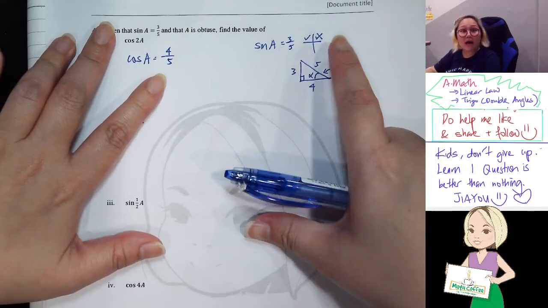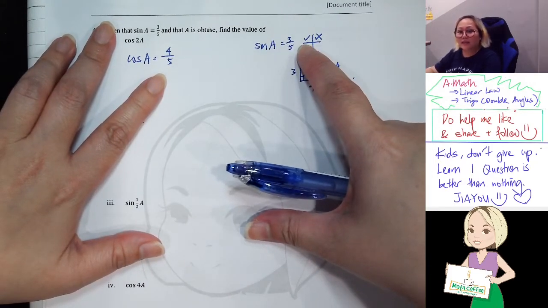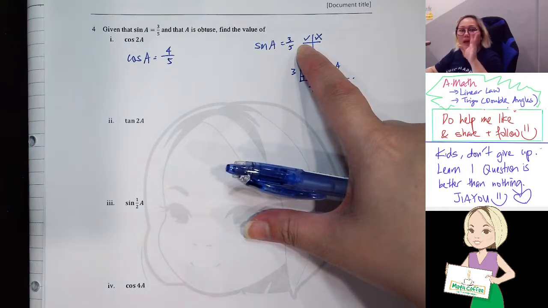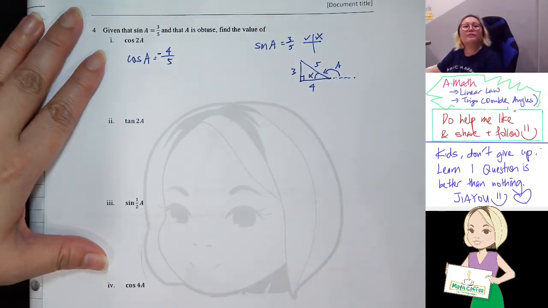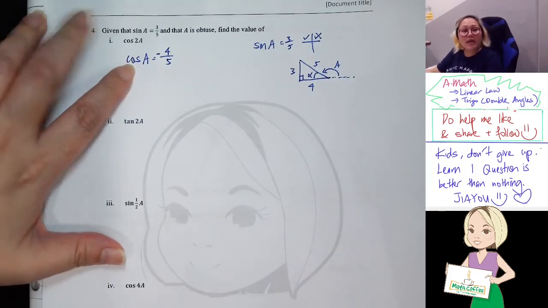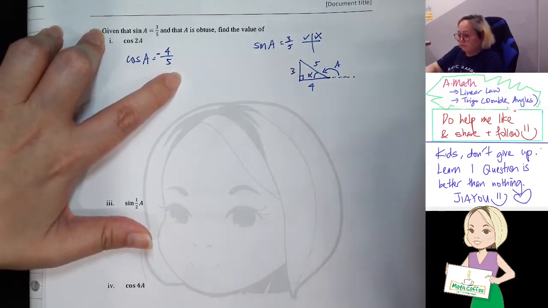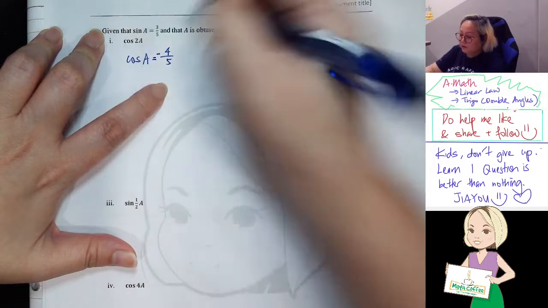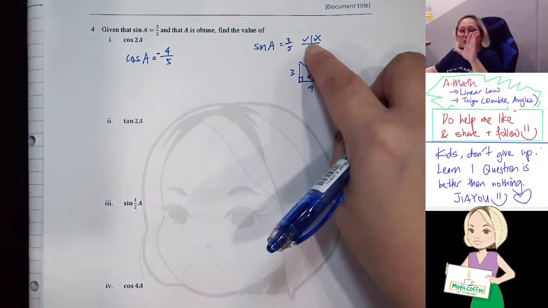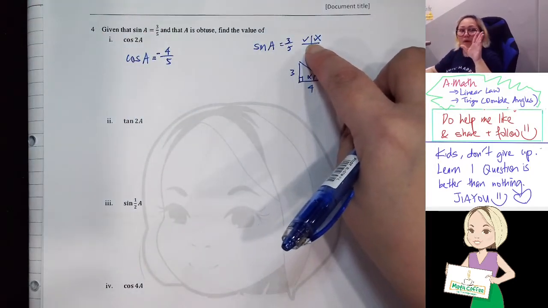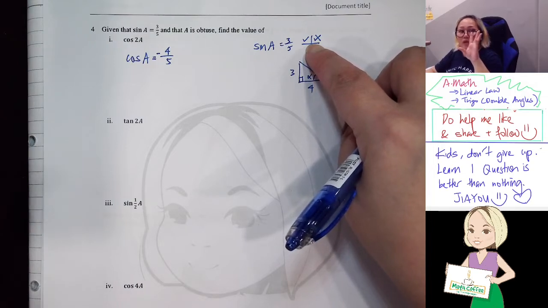This time, I'm in the second quadrant. In the second quadrant, my cosine is negative. So I have to put minus. So cosine A is negative 4/5. Remember, this is very important because now you are in the second quadrant. You are no longer in the first quadrant. First quadrant is all positive. Cosine in the second quadrant is negative.